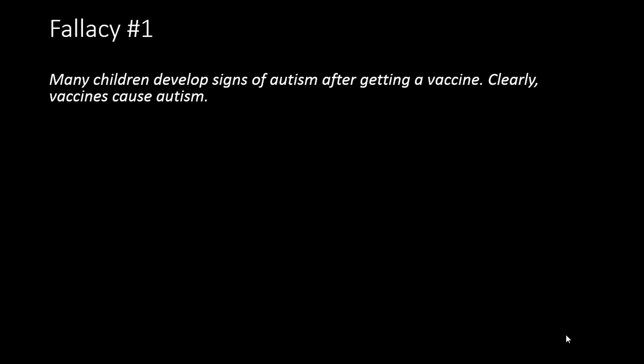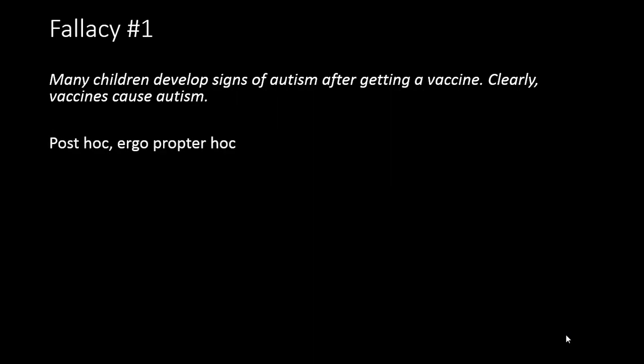So fallacy number one. Many children develop signs of autism after getting a vaccine. Clearly, vaccines cause autism. Well, this person is assuming that just because one thing happens after another thing, then that first thing has caused the second thing.